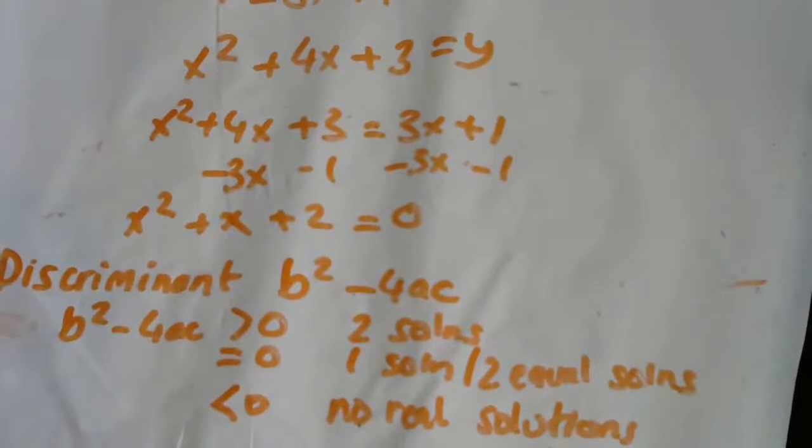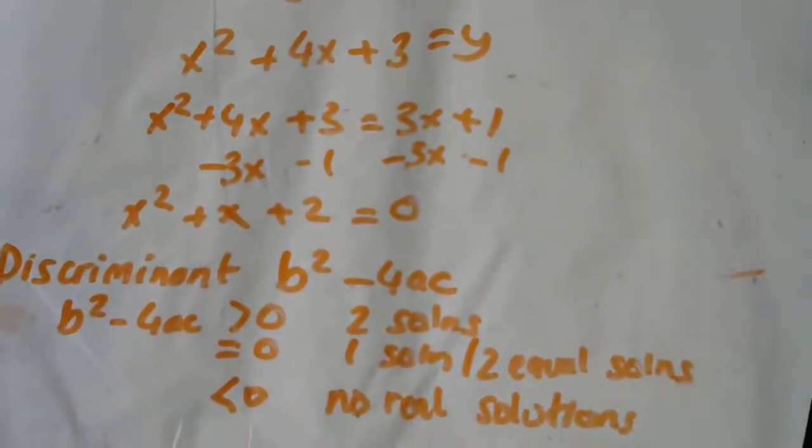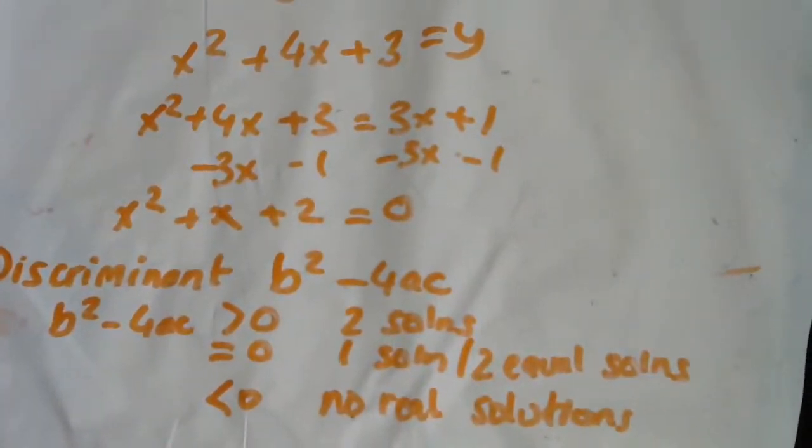So what I want you to do now is b squared minus 4ac, just b squared minus 4ac for this equation, and tell me whether you get a positive number, 0, or a negative number.